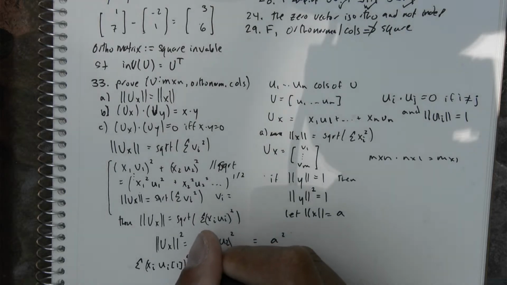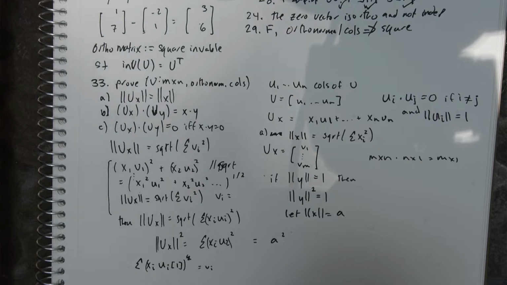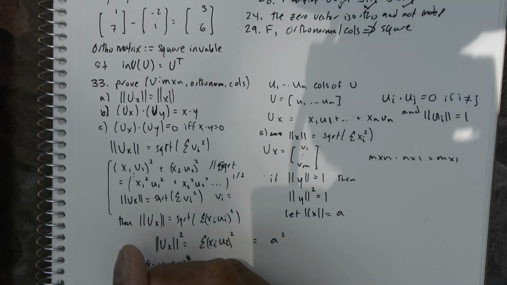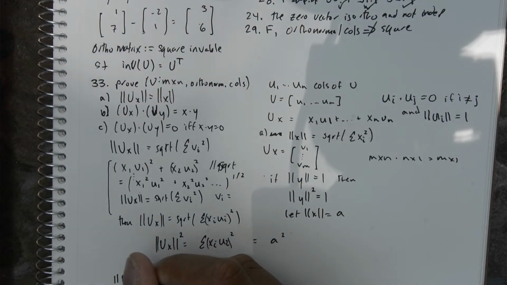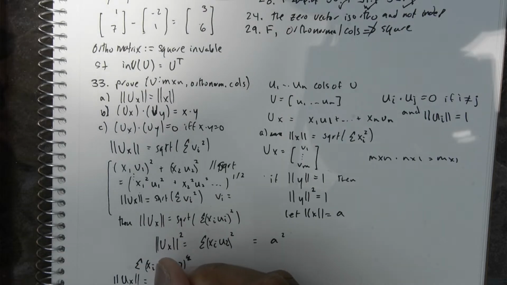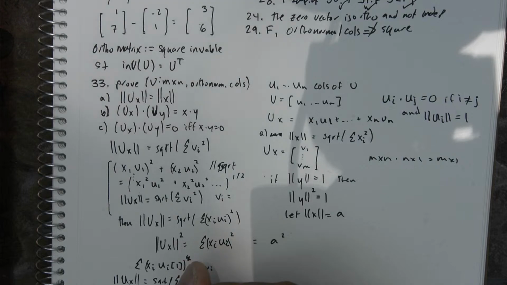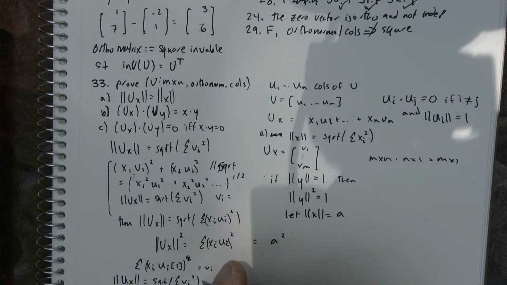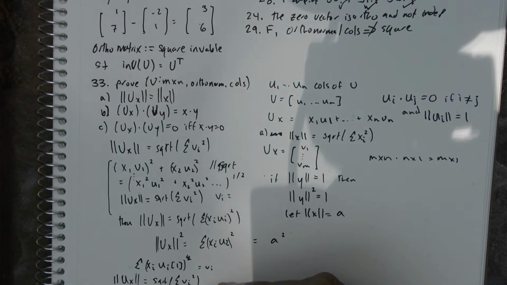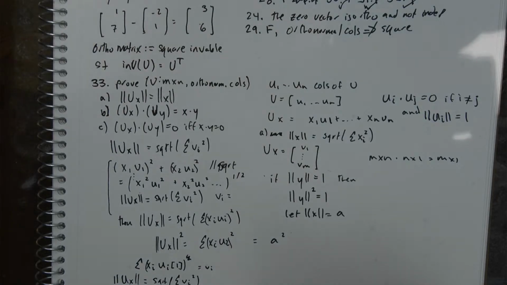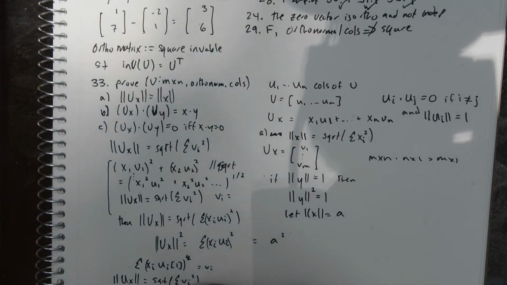No, but not squared. And then the norm of v, or the norm of ux, is going to be equal to square root of, it's going to be this. It's going to be sum v squared. Now we have a scalar. So the sum of vi squared is equal to a squared.